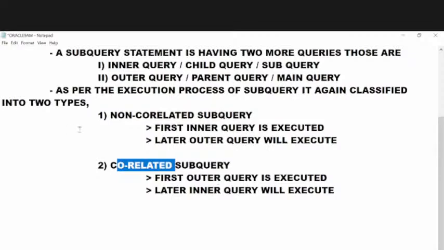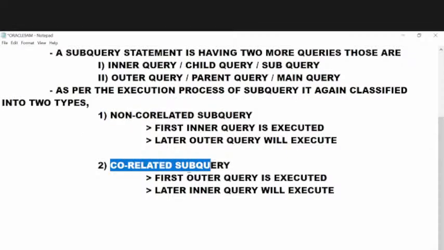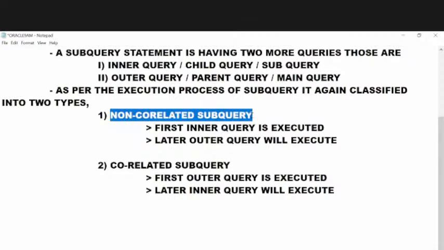Because when comparing non-correlated subquery with correlated subquery, non-correlated performance is very high compared to correlated. Correlated performance is very low. That is the reason the priority of the people is non-correlated, since it is performance-wise very nice and very fast.